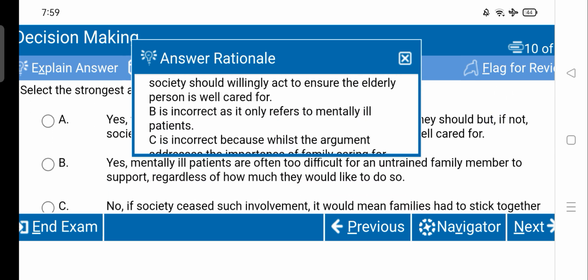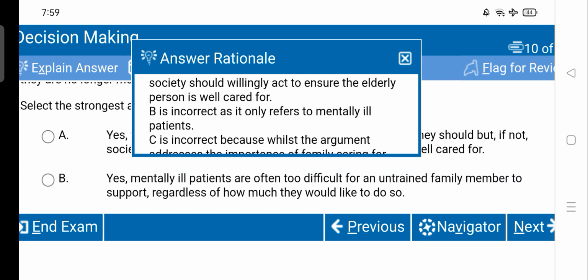B is incorrect as it only refers to mentally ill patients.